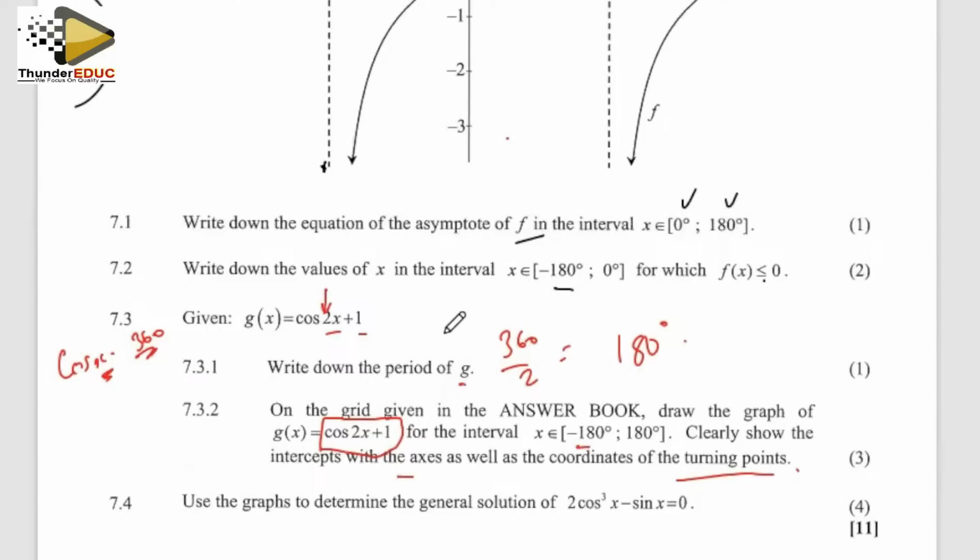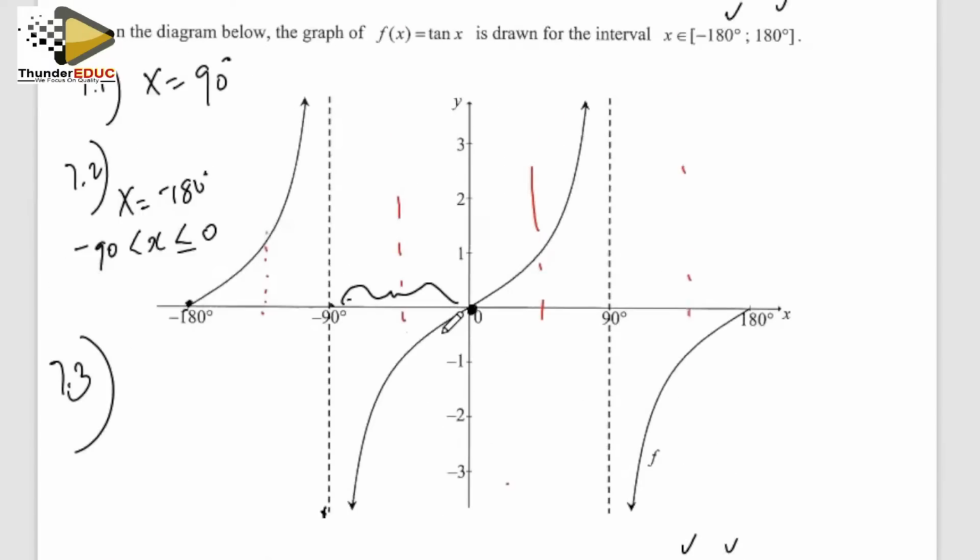Okay, so negative 180, I'm having a positive 2. Okay, and then negative 135, I'm having a 1, which is there. Negative 90 is 0. Negative 45, I'm having a 1. 0, I'm having a 2. That, I'm having a 1. That's a 0. And then that's a 1.